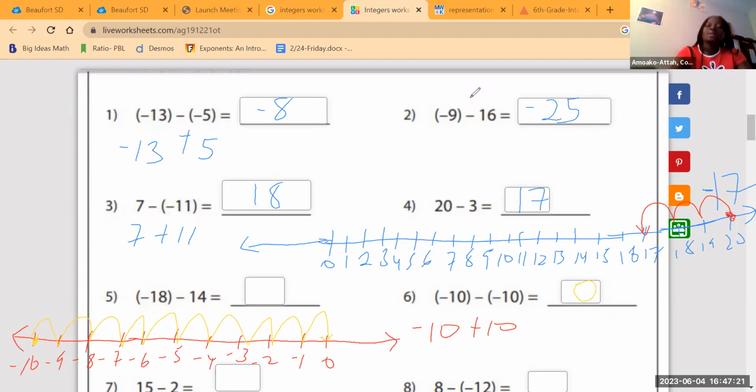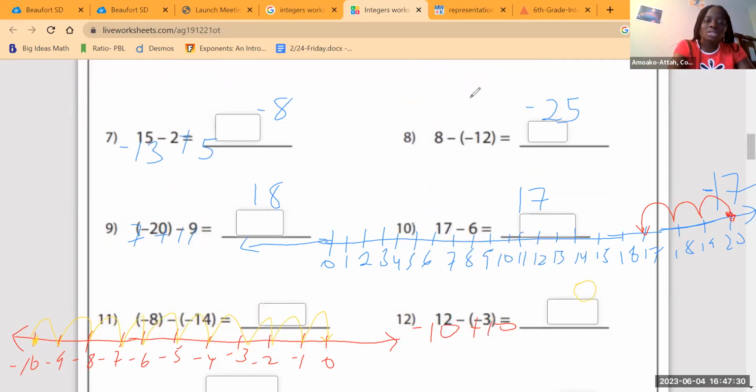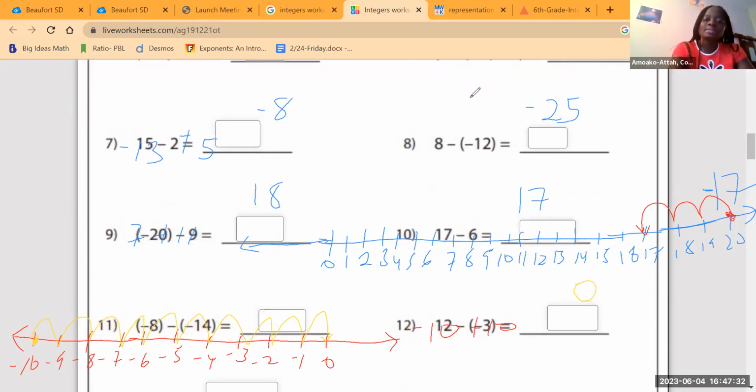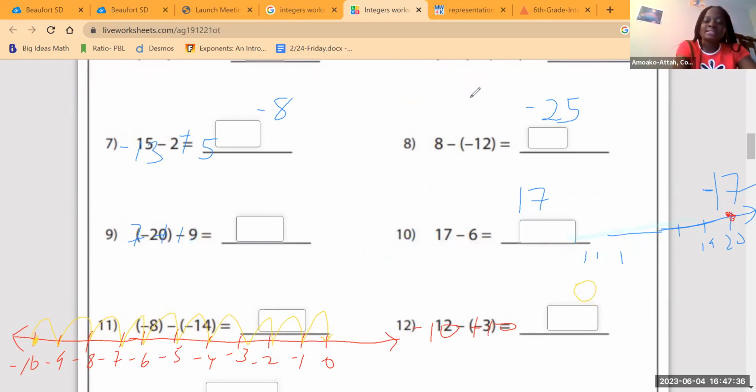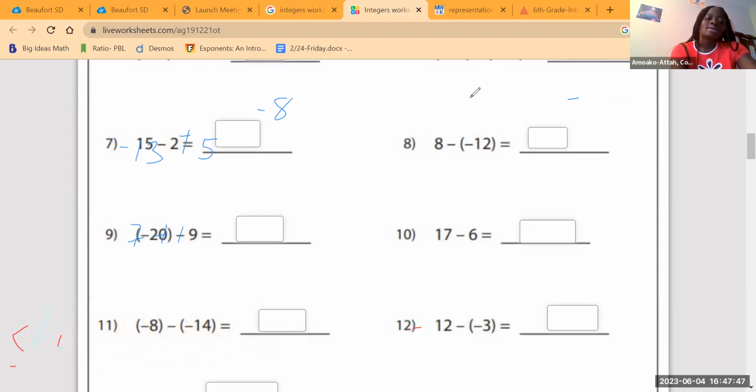So let me leave you to do this with these questions. All right, so solve questions 7, 8, 9, 10, 11, and 12. Solve them and present your answer in the comments section. My next tutorial will be on multiplication and division of integers.